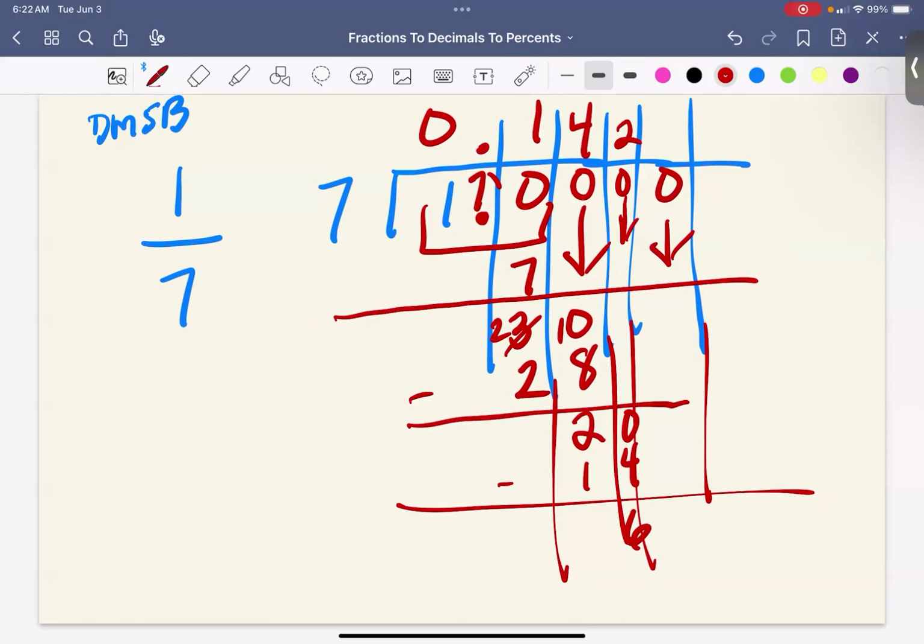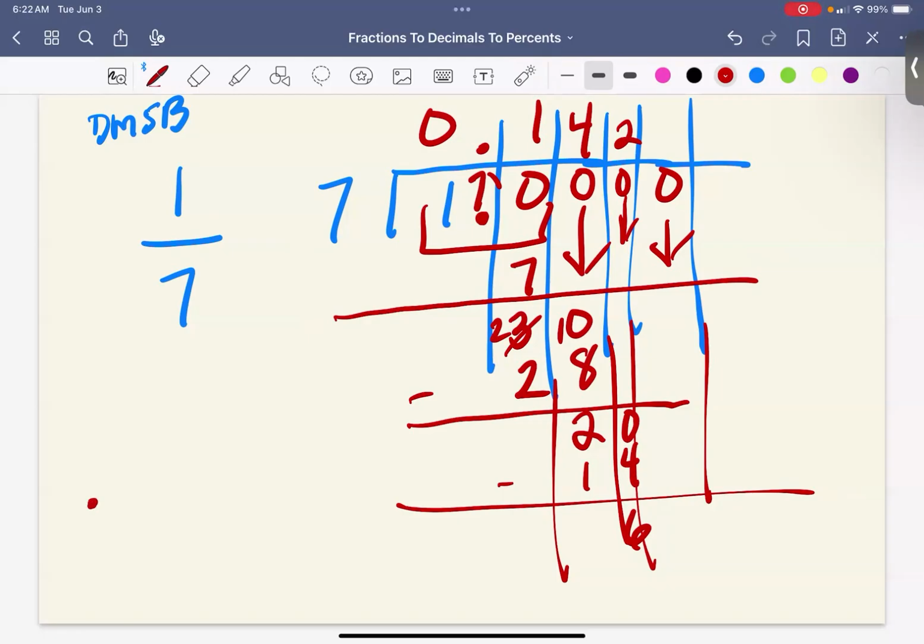So this is what's called a non-repeating decimal. This number is going to go on forever. So you can just write up until the place value that you need. So I stopped at the thousands place. For whatever place value you need to find, you stop there.